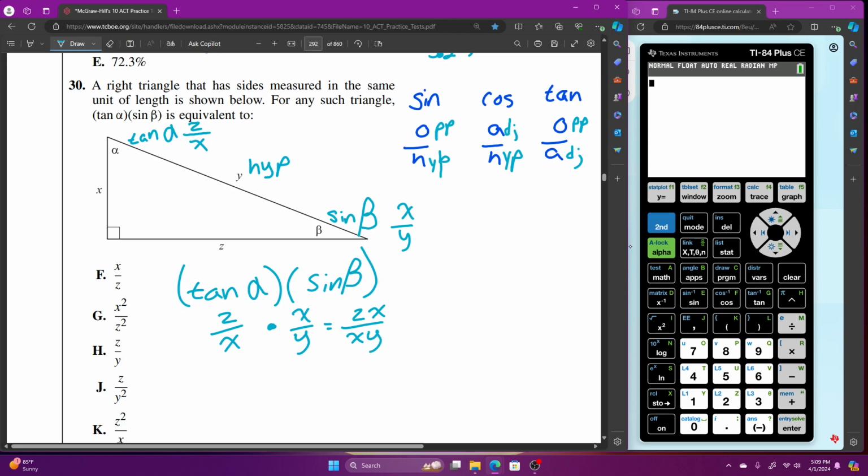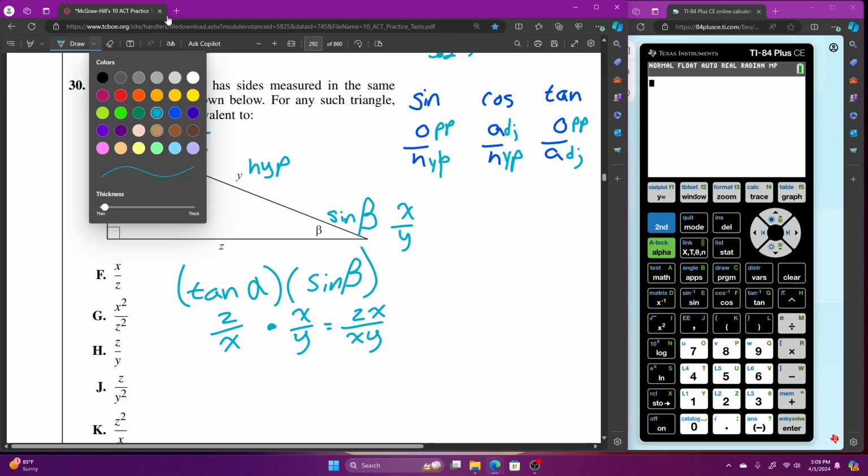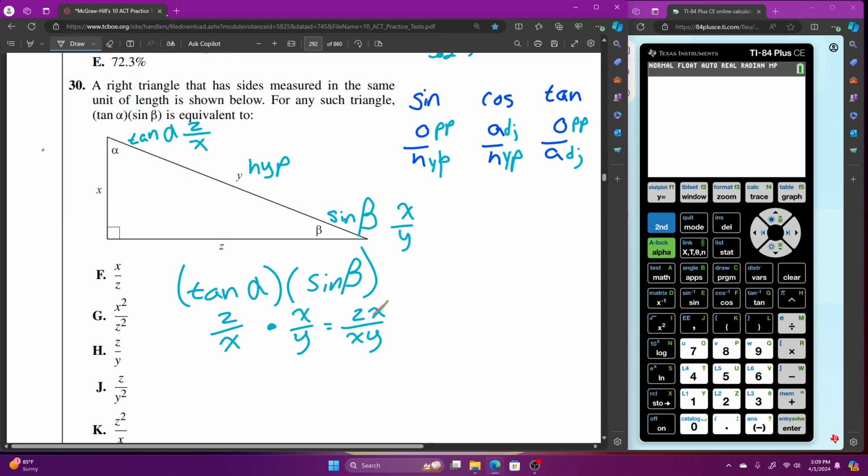And what do you do when you have y divided by y, or x divided by x? Same thing divided by same thing. They're going to cancel to a big old 1. So it just equals Z over y.